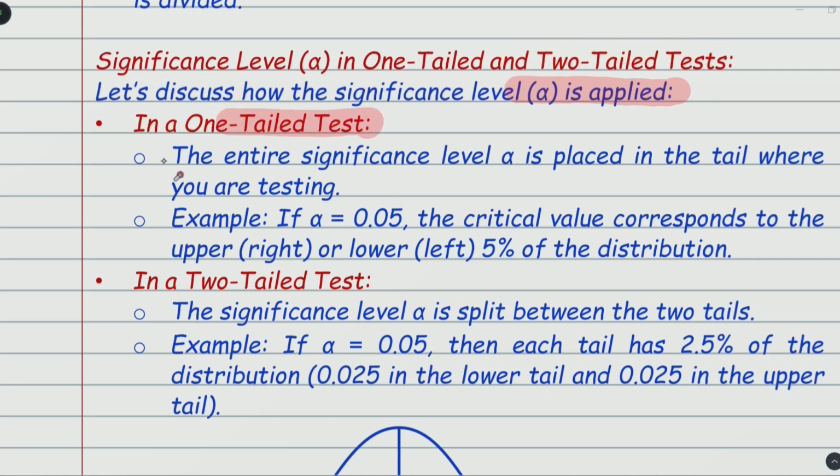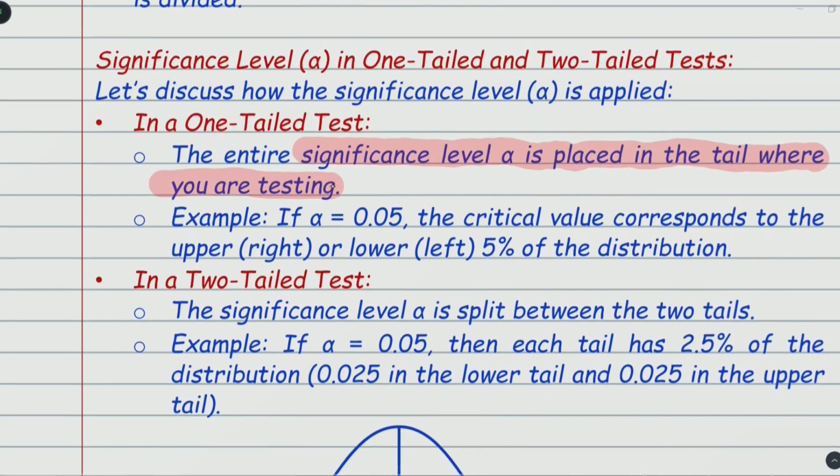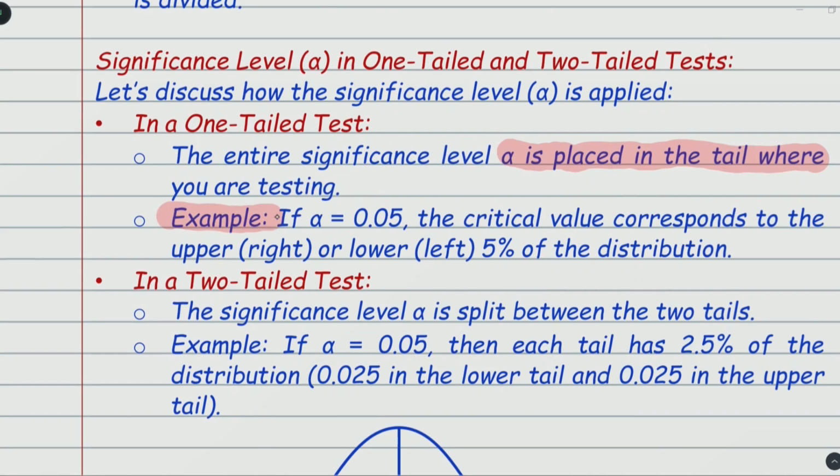In a one-tailed test, the entire significance level, that is alpha, is placed in one tail where you are testing. For example, if alpha equals 0.05, the critical value corresponds to the upper right or lower left, that is 5% of the distribution. Upper right or lower left depends on whether the test is a right tail test or a left tail test.